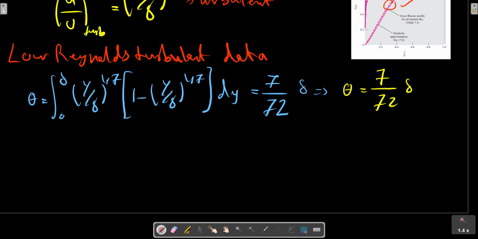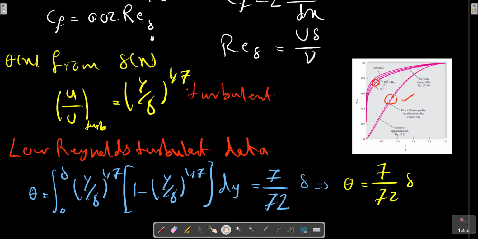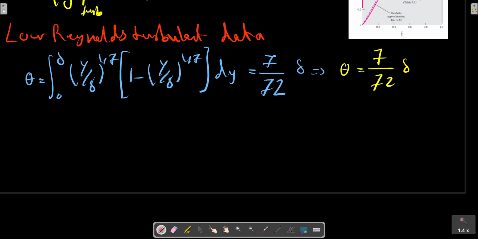We accept this result and substitute it into the CF as obtained by Prandtl, with this relation for the recently calculated momentum thickness.